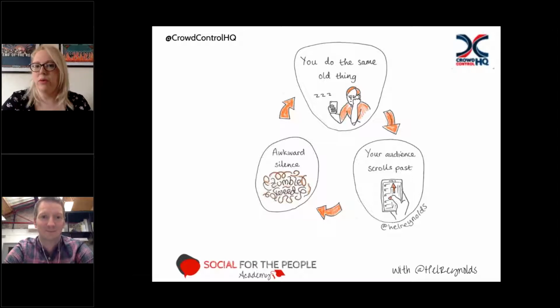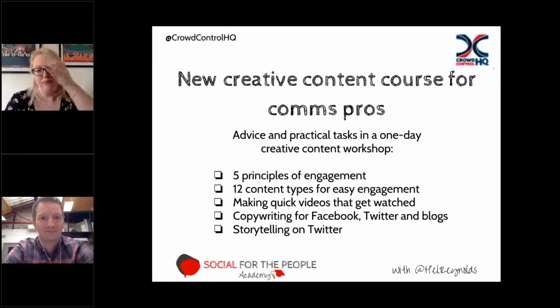So that's a little bit about what we're going to discuss. What we're going to do today is like a taster version of a new course that I've got, which is about making creative content. On that course, we look at 5 principles of engagement, 10 types of content for getting easy engagement on social media, making quick videos, copywriting for social media, and telling good stories.